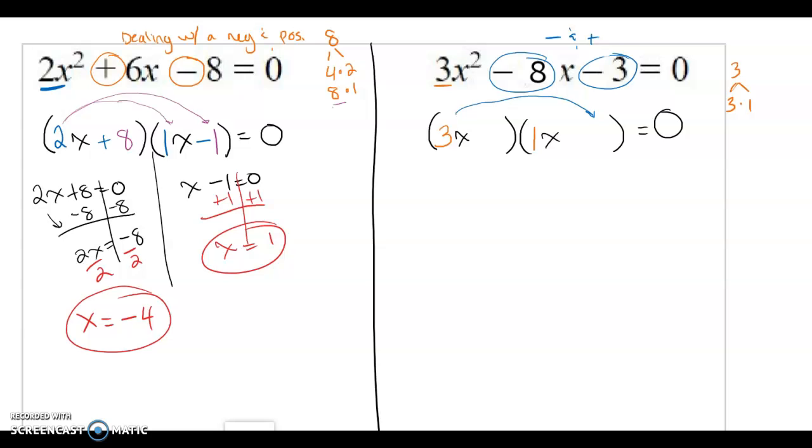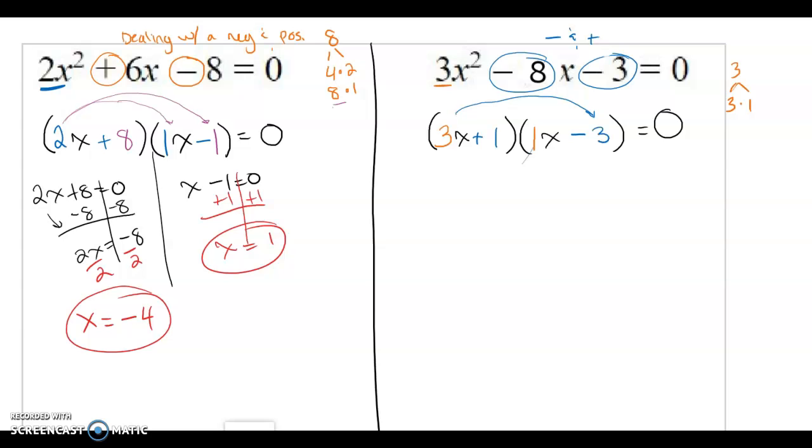It needs to be the larger end. So I know that this needs to be negative and this needs to be positive. The reason I know is because I have a negative 8. I'm not going to get to 8 by adding 3 times 1 or 1 times 1. So let's see. Let's put the 3 here.